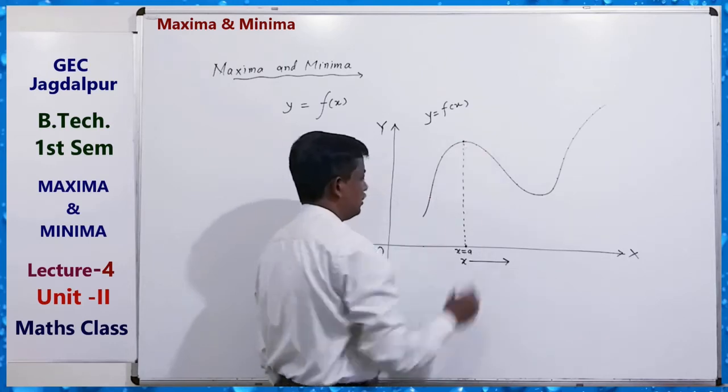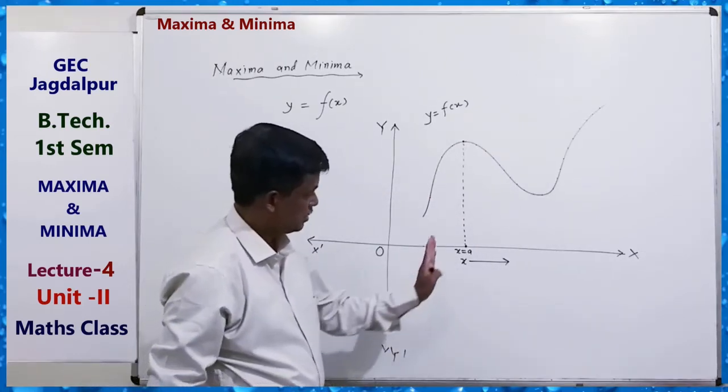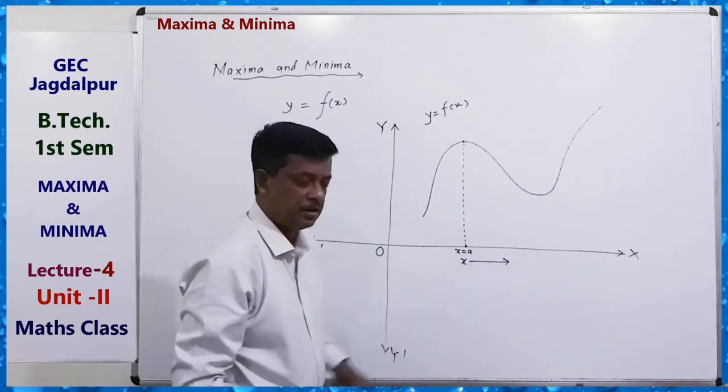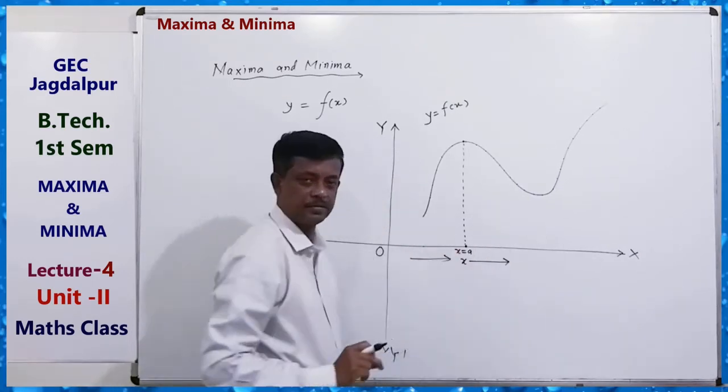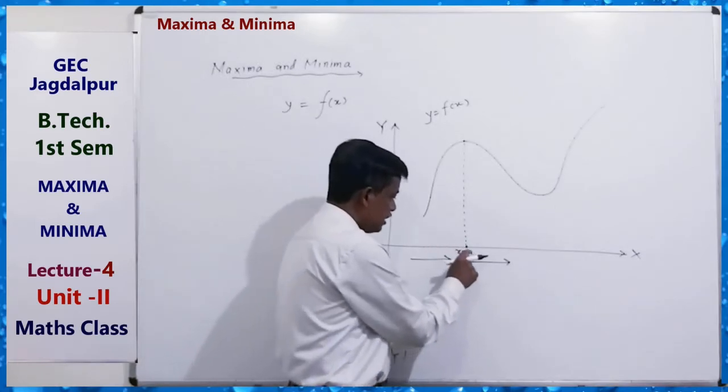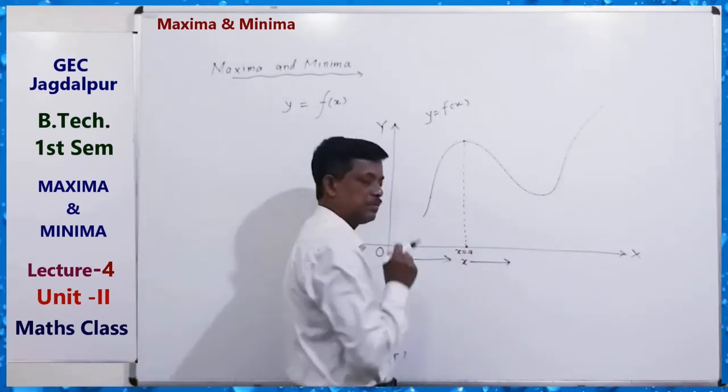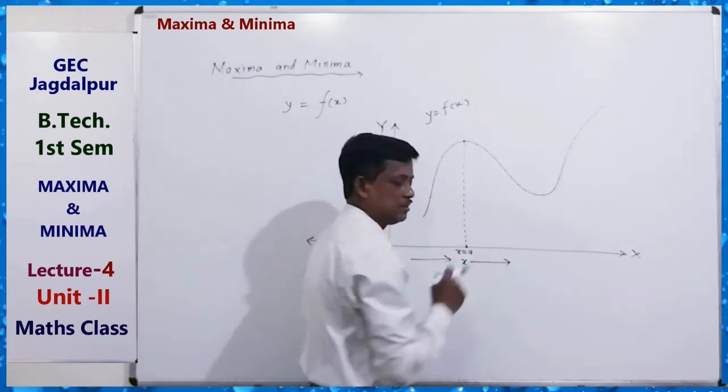Now as x increases in this direction, the value of x is a here, and the lower values are on the left hand side, upper values on the right hand side.